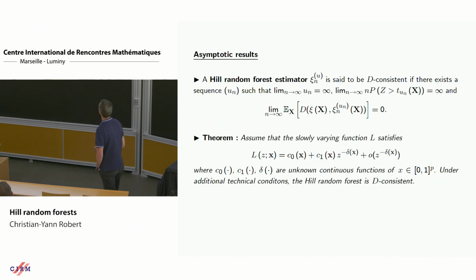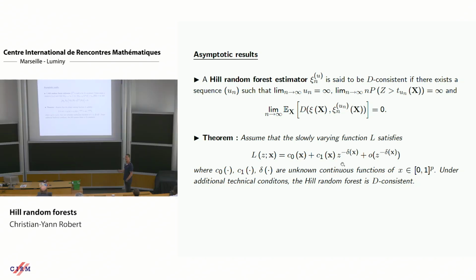And what we want to do in this paper, actually it is a paper with a lot of mathematics and proof, is to show that when you do that, you have a consistent estimator. But not a local consistent, that is not for a specific value of your covariates, but over all the covariate space, that is, you have to integrate with respect to all the values of x.